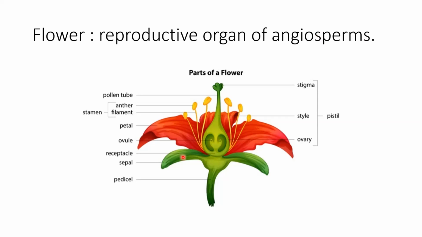So this is the structure of a typical flower. A typical flower is made up of mainly four whorls. The outermost whorl is known as calyx. Calyx is made up of small green colored sepals. Then inner to calyx is the corolla. Corolla is made up of colorful petals.